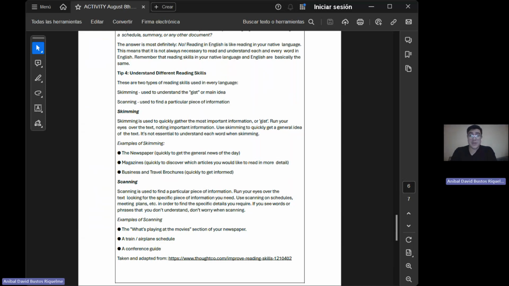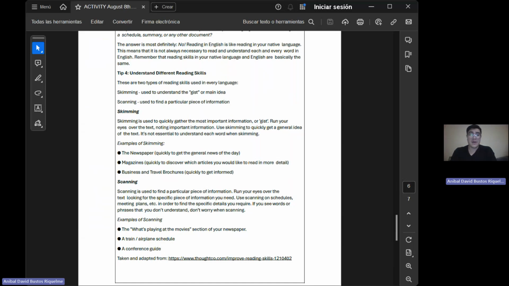Skimming is used to quickly gather the most important information or gist. Run your eyes over the text, noting important information. Use skimming to quickly get a general idea of the text. It's not essential to understand each word when skimming.